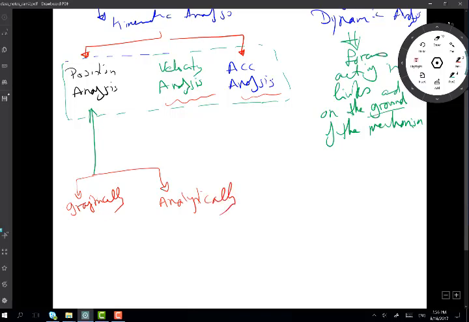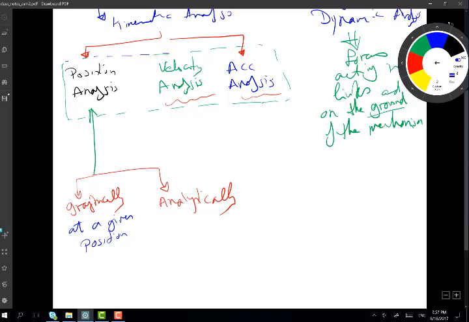Graphically, it would normally be done at one given position, or a given value of the degree of freedom.